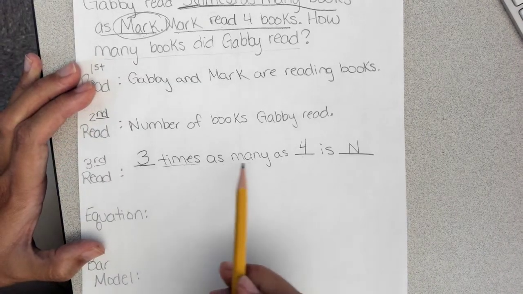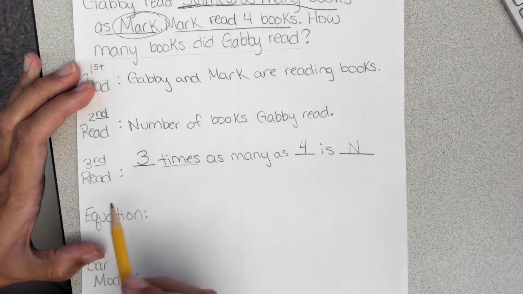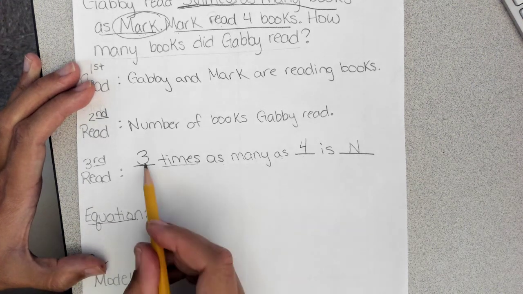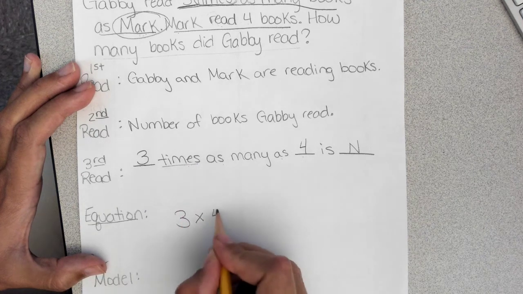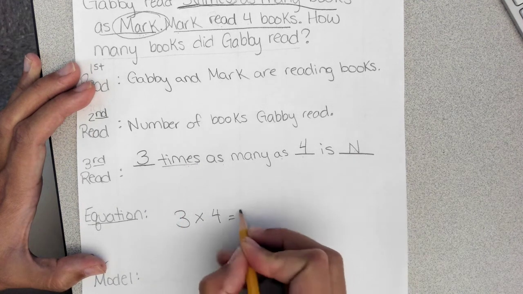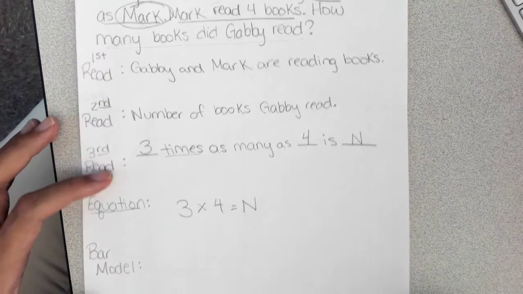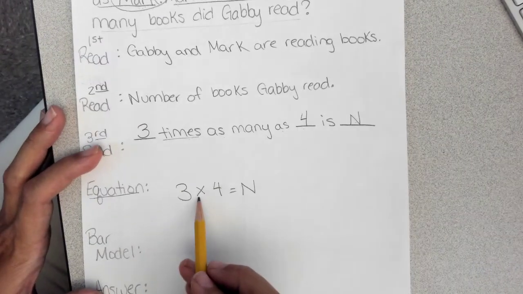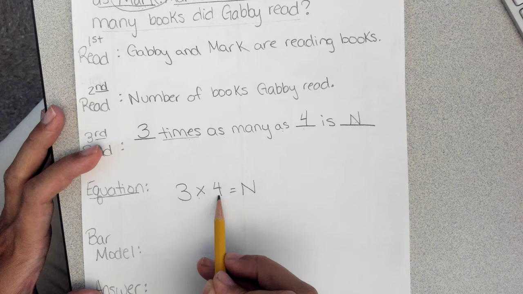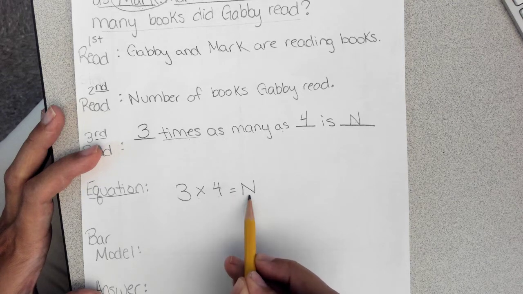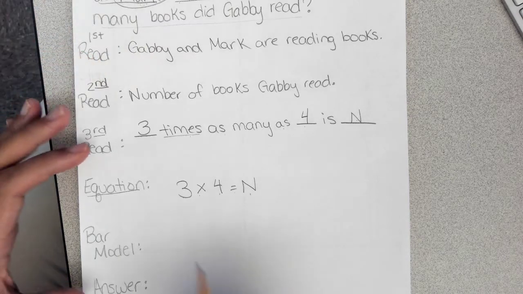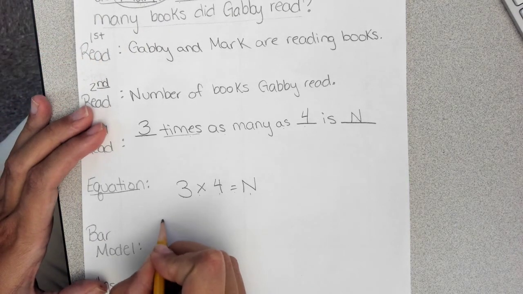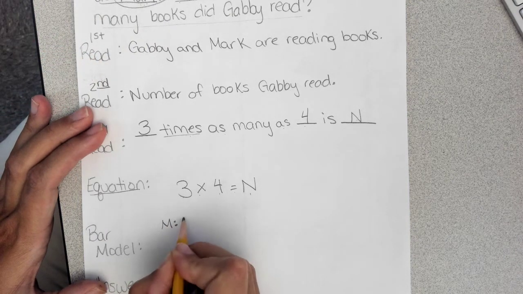Using our sentence stem, we can write our equation. So we have 3 times 4 equals n. Or 3 times as many as Mark is how much Gabby read. So using our bar model, we know that Mark is our base.